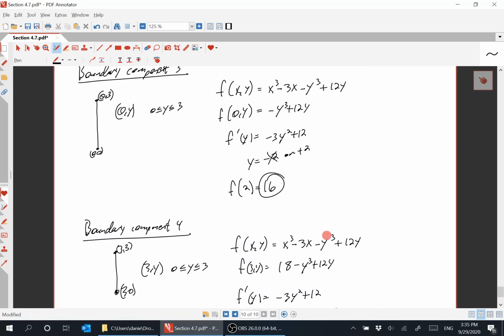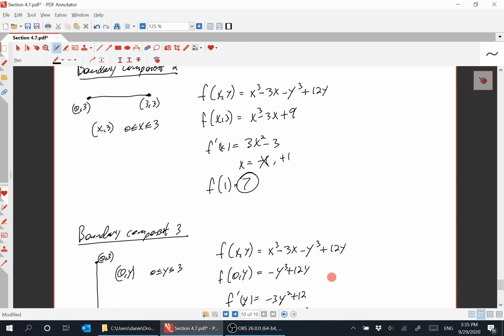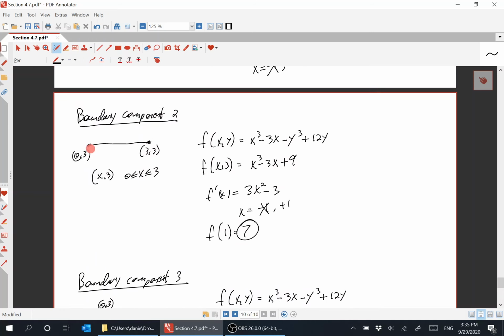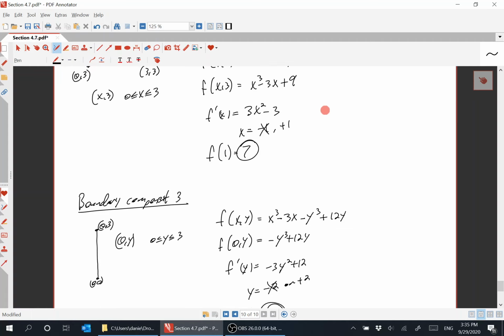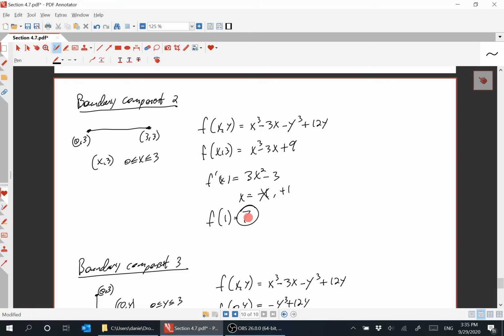By the way, you don't have to check the boundary points anymore. I checked the boundary points 0, 3 and 3, 3 here. Or no, I didn't, I'm sorry. F of 0, 3 and f of 3, 3. So we have to check f of 0 here.